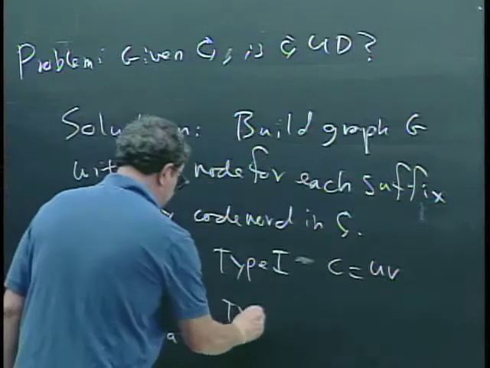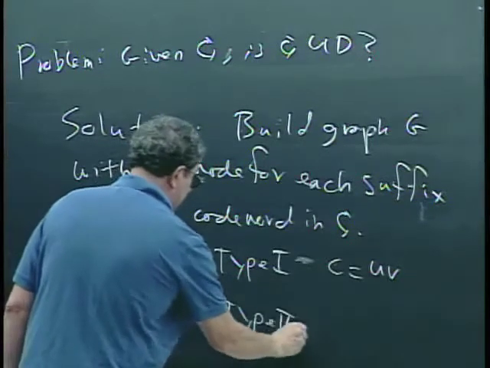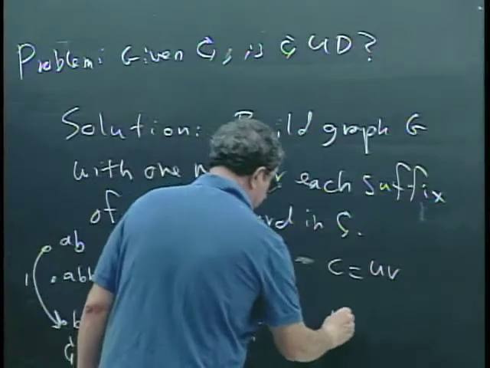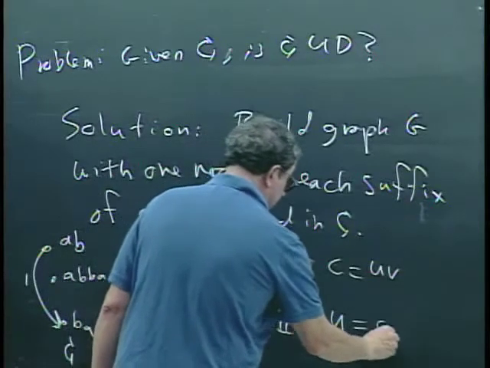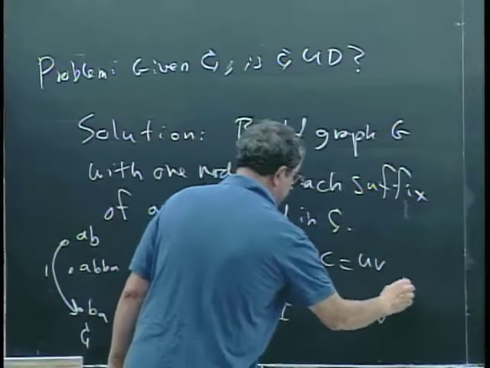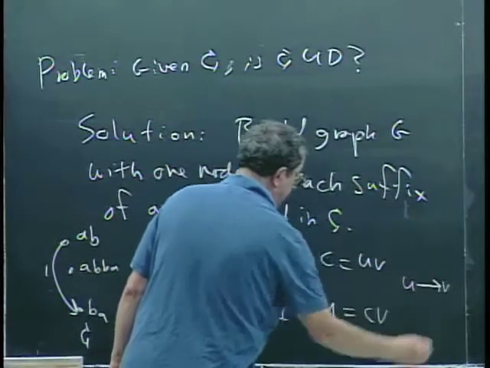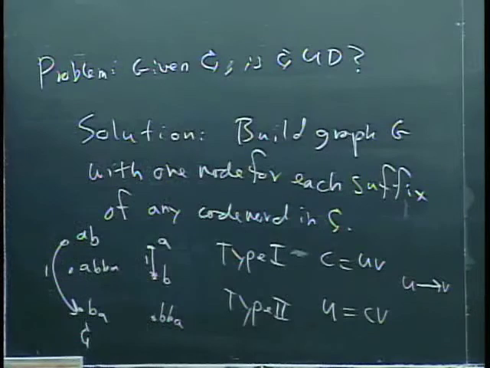And then we have type 2, where, again, it's an edge from U to V if you have U equals CV. Okay, so this is an edge from U to V if U is equal to CV.